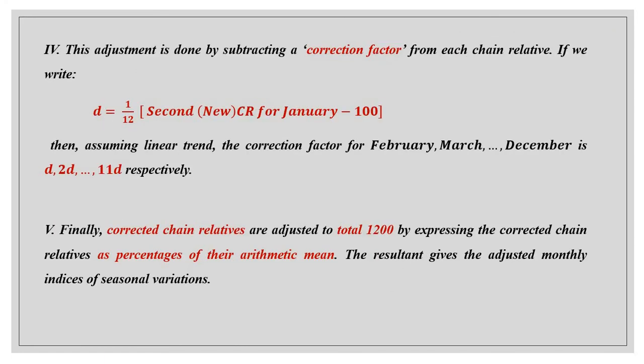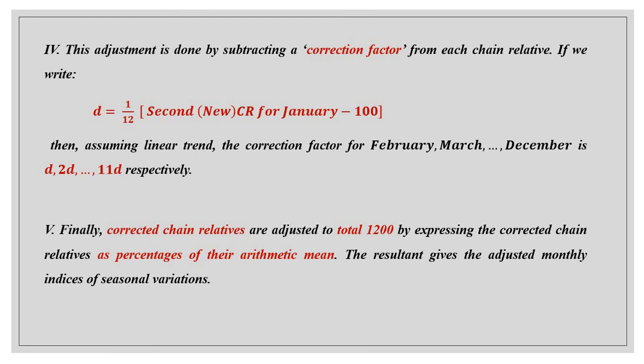This adjustment is done by subtracting a correction factor from each chain relative. So if we write D equal to 1 by 12 into the new CR for January minus 100, that is, D = (new CR for January minus 100) divided by 12, then assuming linear trend, the correction factors for February, March up to December are D, 2D, up to 11D respectively.